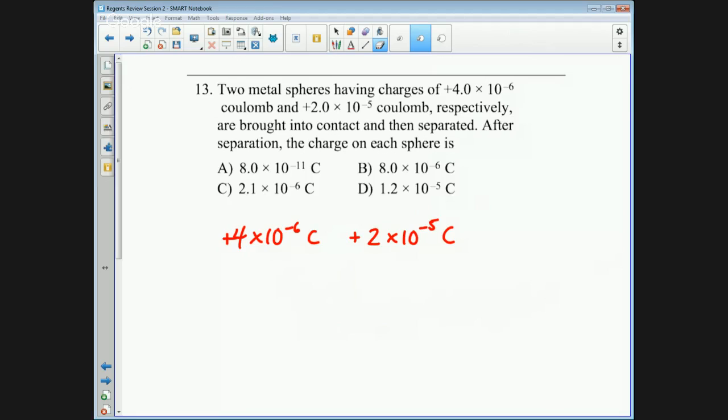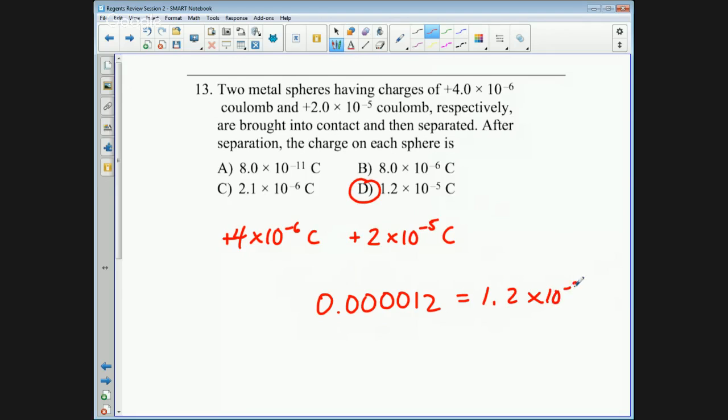4 negative 6 plus 2 negative 5. And then when we divide this by 2, you get this answer, D. Okay, so the average of these two is 0.000012, which is 1.2 times 10 to the negative 5 coulombs.